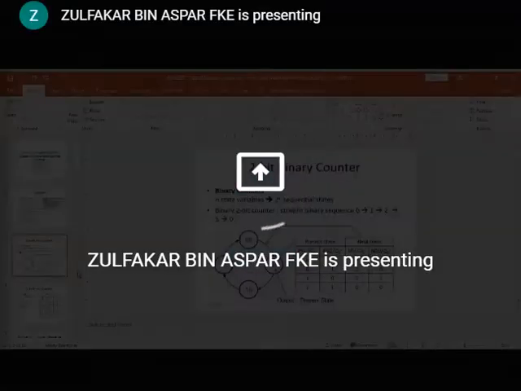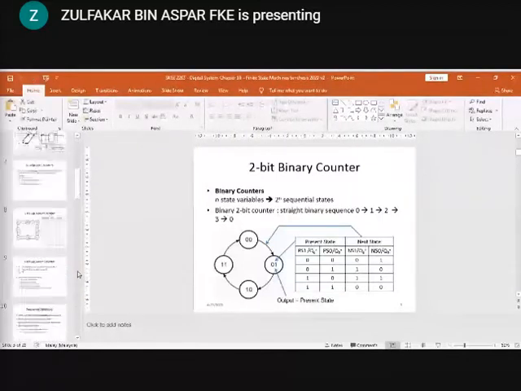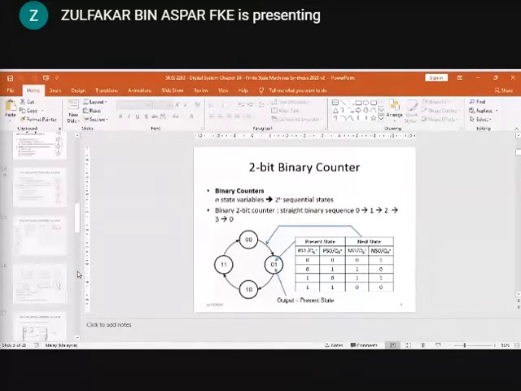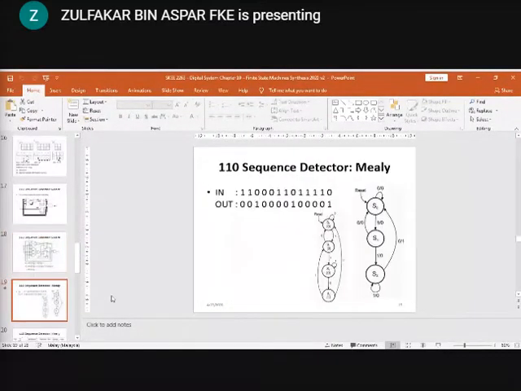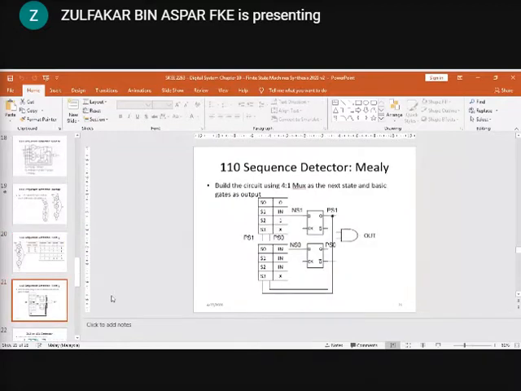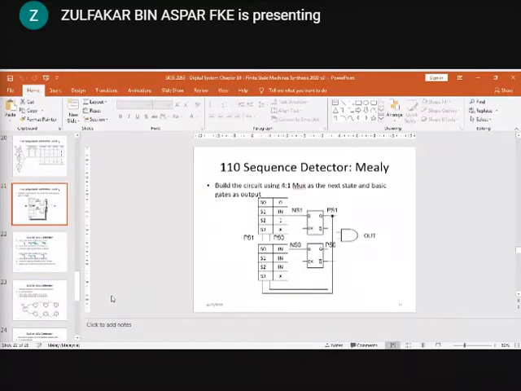Where were we last Wednesday? Oh, sequence detector. Okay, yeah.